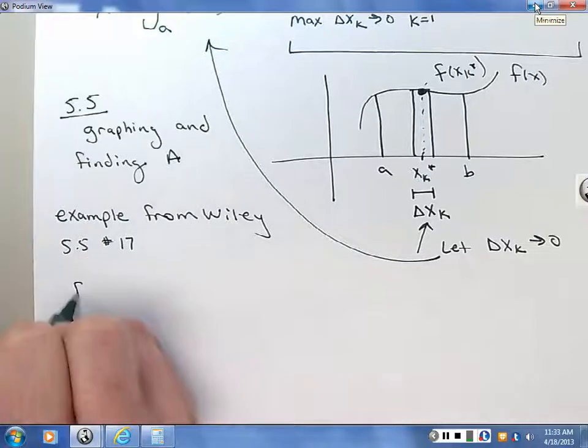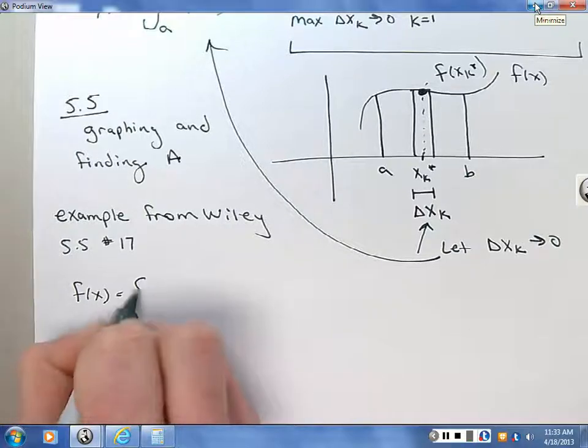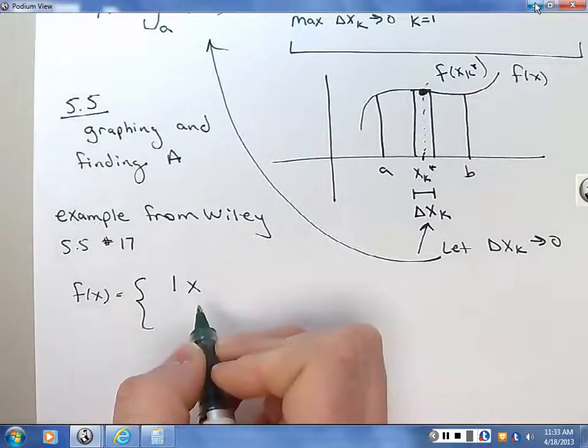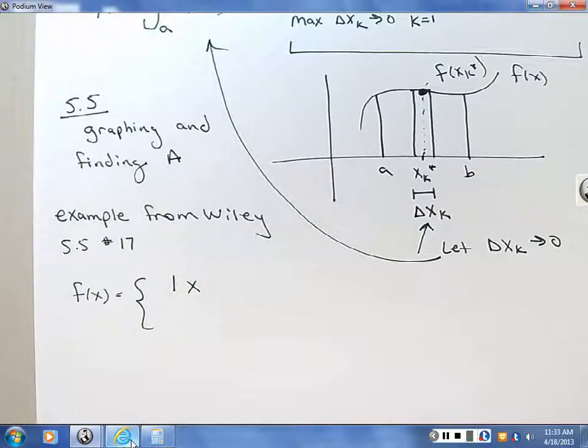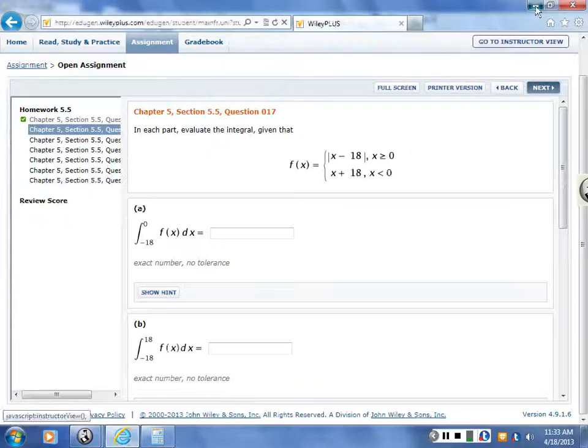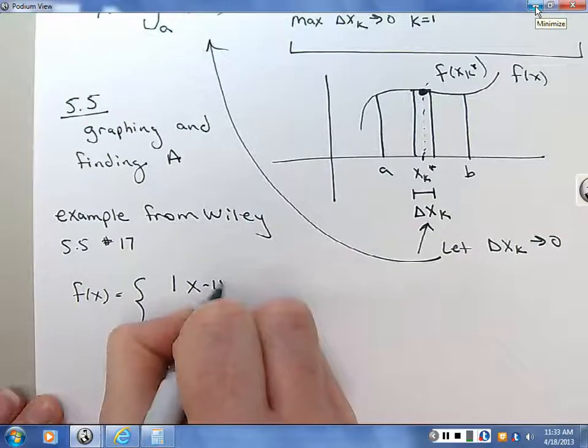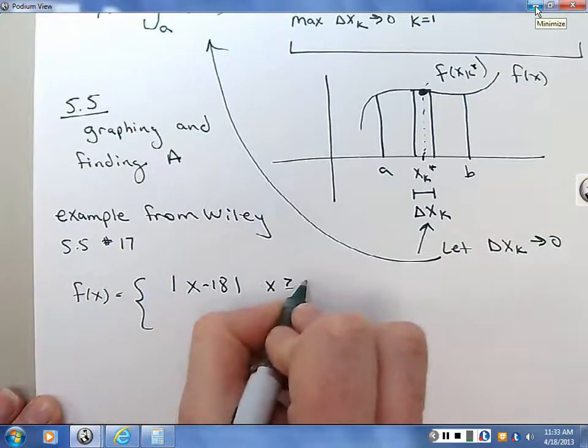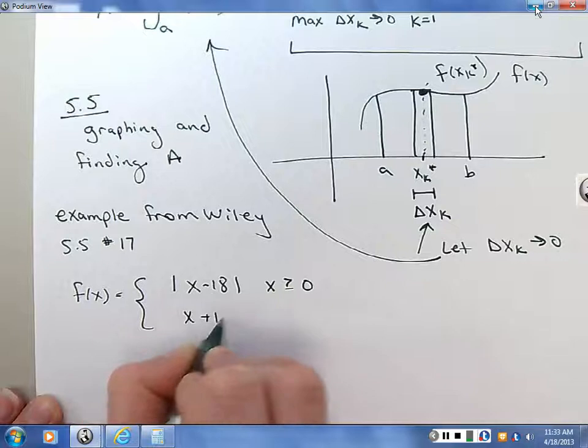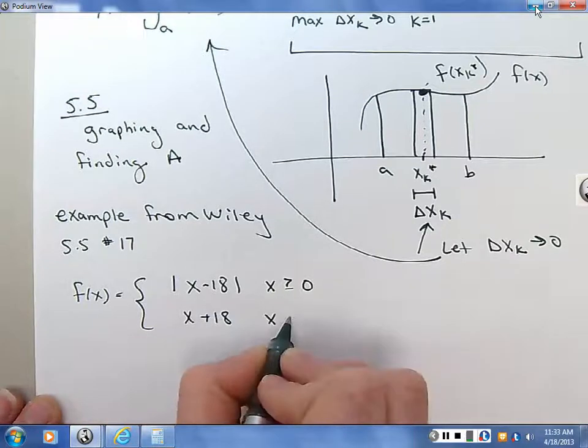I have this function f of x equals the absolute value of x minus 18 if x is greater than or equal to 0, or x plus 18 if x is less than 0.